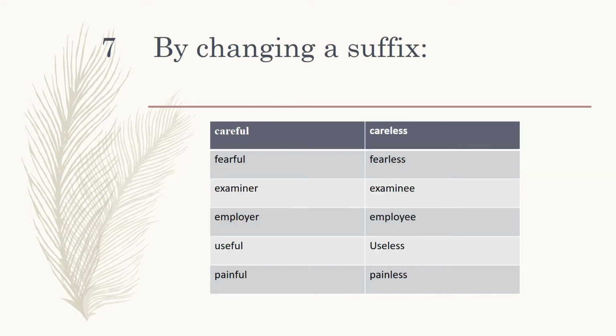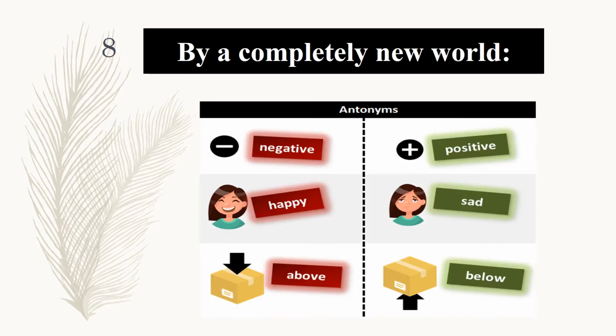Okay, let's have a look at changing a suffix. What are the examples? Careful, careless, useful, useless, and you know the way to change suffixes. So now you can see the third way, a completely new word.